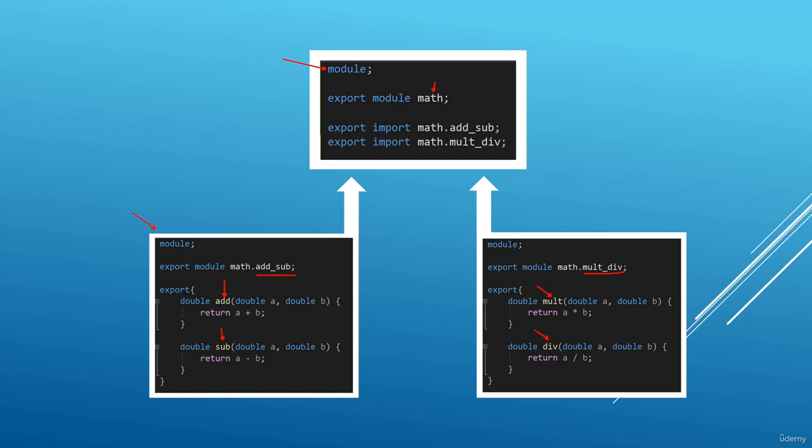But if you only want to use this part here, you have the ability to only import it. If you want to use multdiv, you can import it only, but if you want everything, you can import the math module. And we achieve this by importing these so-called submodules here. This is the setup we are going for in this lecture here.